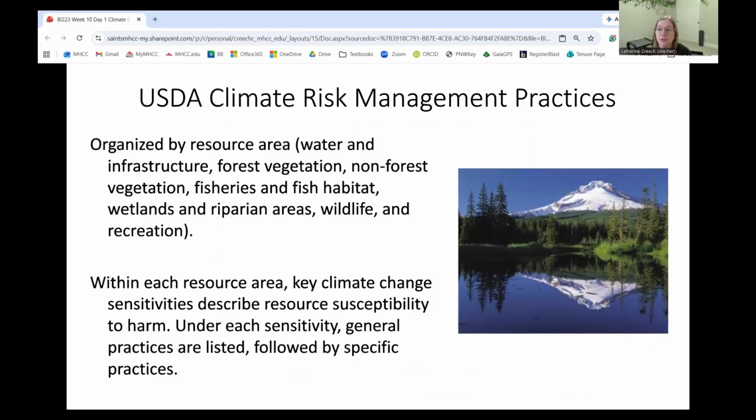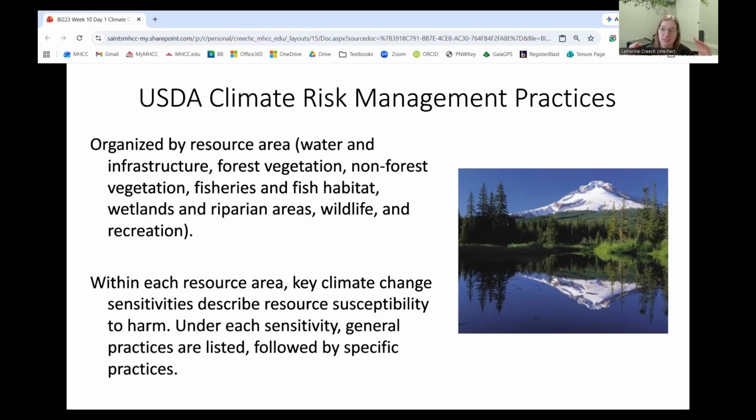In response to those frameworks, the USDA made a large document called Climate Risk Management Practices. These practices are organized by resource area. So there's water and infrastructure, forest vegetation, non-forest vegetation, fisheries and fish habitats, wetlands and riparian areas, wildlife, and recreation.